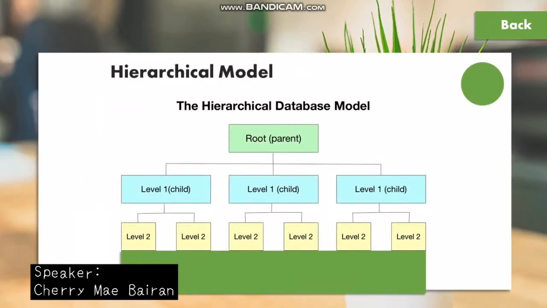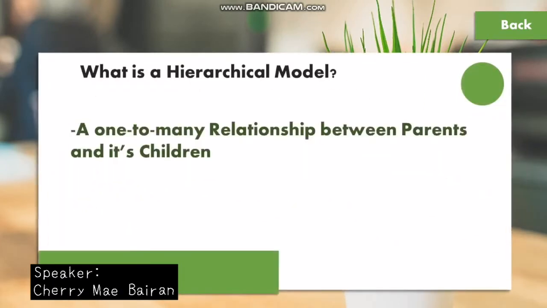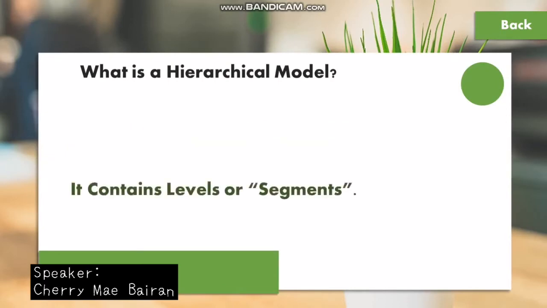Data is organized into a tree-like structure. This structure is simple but inflexible because the relationship is confined to a one-to-many relationship. It also contains segments. Segments are the equivalent of a file system record type, and we can show them as a set of one-to-many relationships.